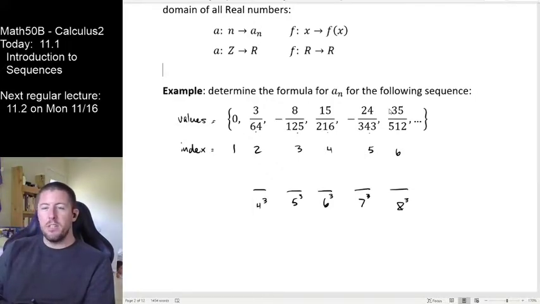It looks like all these numbers are one less than the square of some other number. So it looks to me like this is 2 squared minus 1, 3 squared minus 1, 4 squared minus 1, 5 squared minus 1, and 6 squared minus 1.